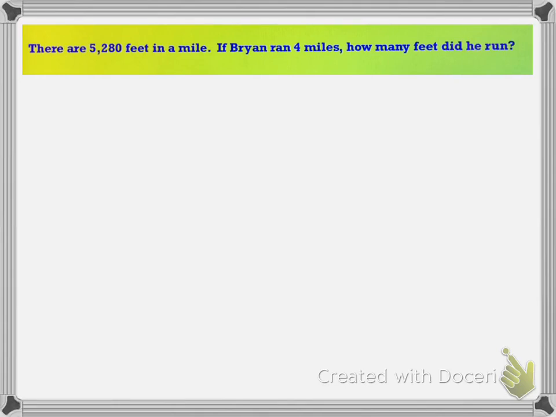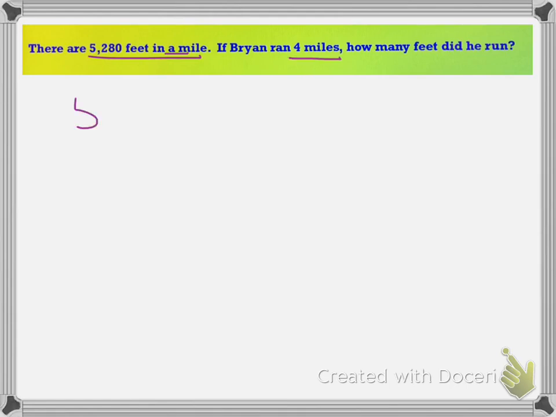All right, last one here. There are 5,280 feet in a mile. If Brian ran 4 miles, how many feet did he run? So in each mile there's that many feet, and we want to know 4 of them.